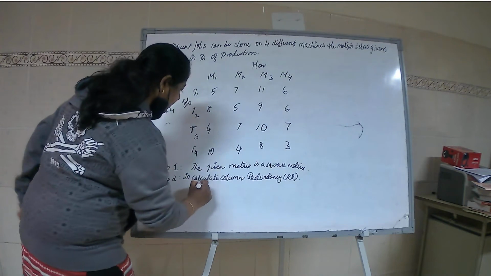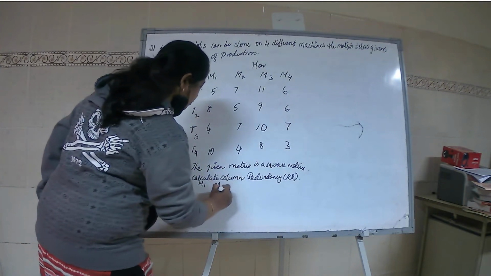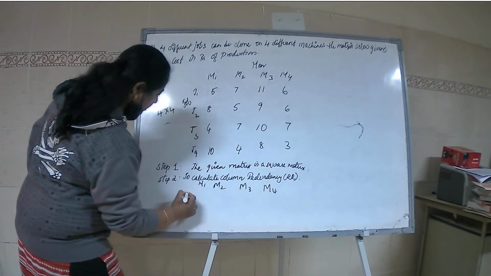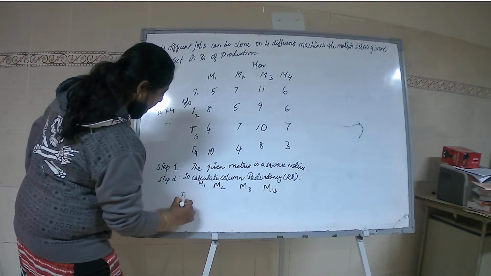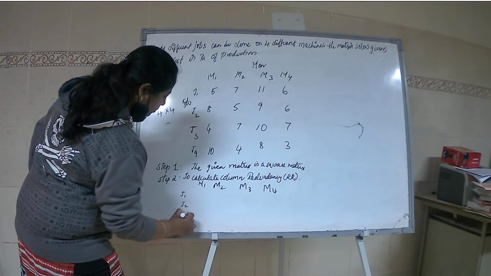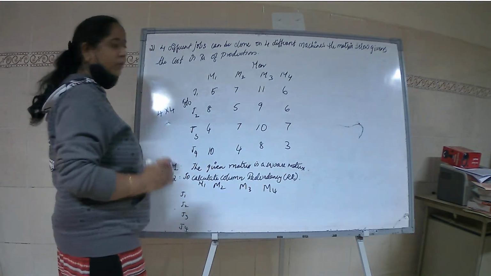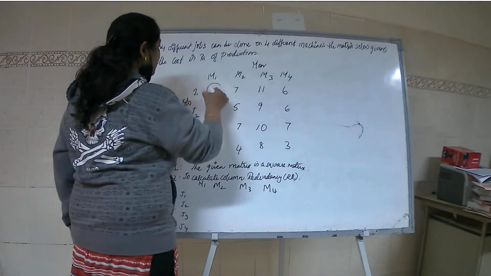Here M1, M2, M3, M4 are men, and these are the jobs given to them, J1, J2, J3 and J4. Now let's solve it. What is the minimum value here?